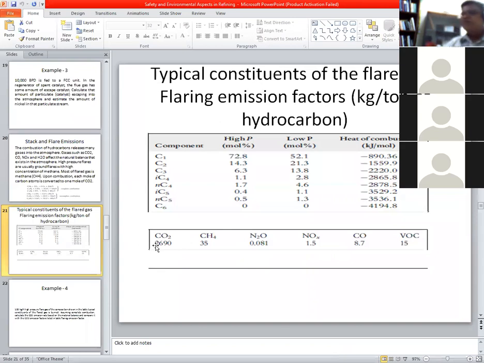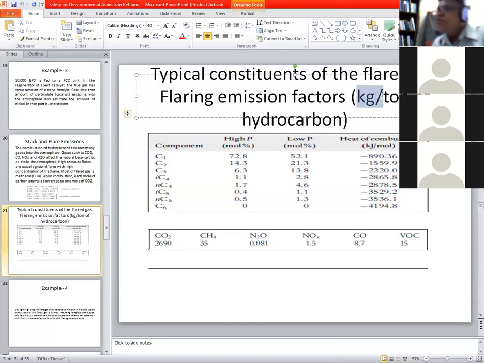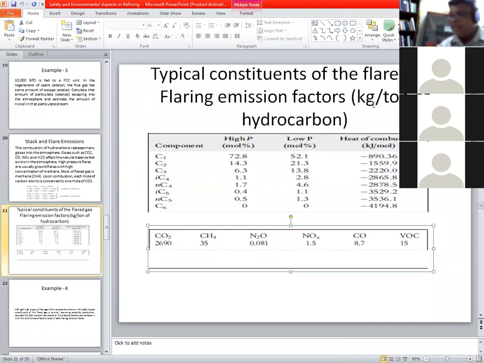Good, very good. So see here, the emission factor given is 2690, but you have to put the unit: kg per ton. And you know 1 ton equals 1000 kg.